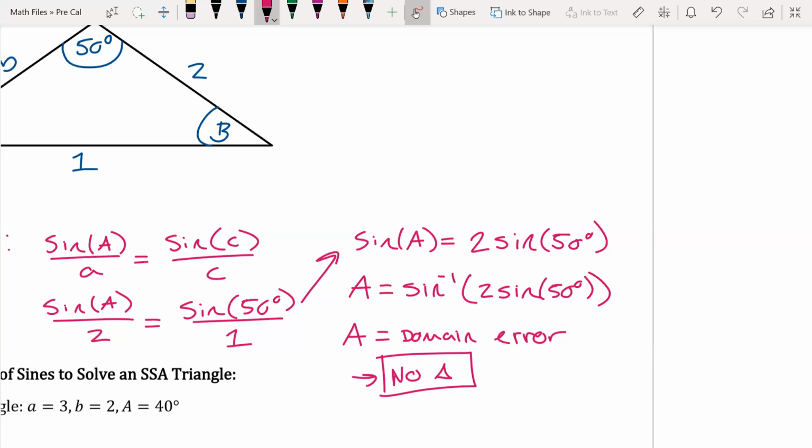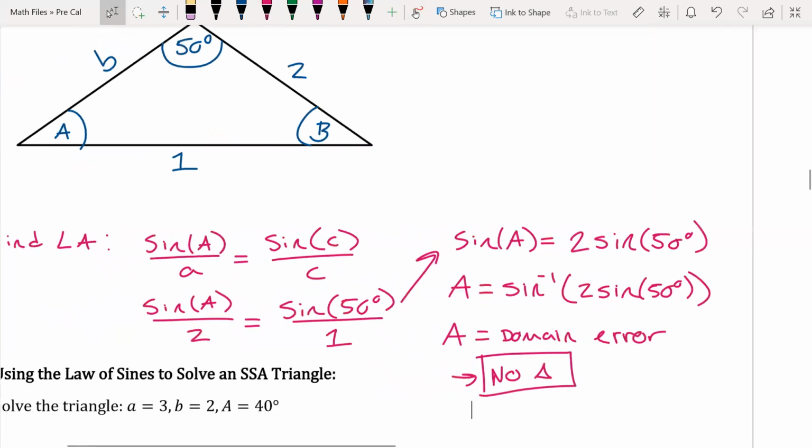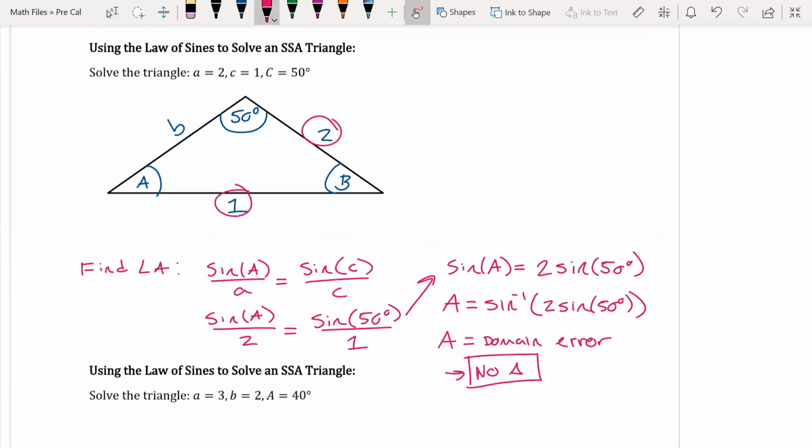It says there will be no triangle if the opposite side is less than or equal to the adjacent side. So here this side is 2 and that side is 1, so the opposite side is less than or equal to that adjacent side, if that makes sense.